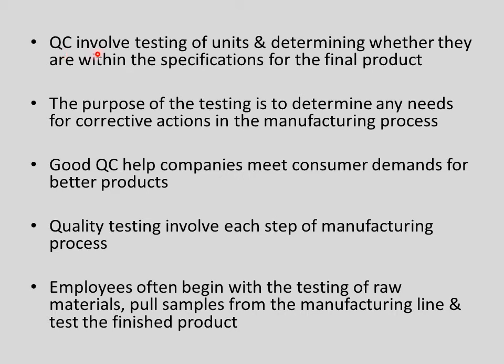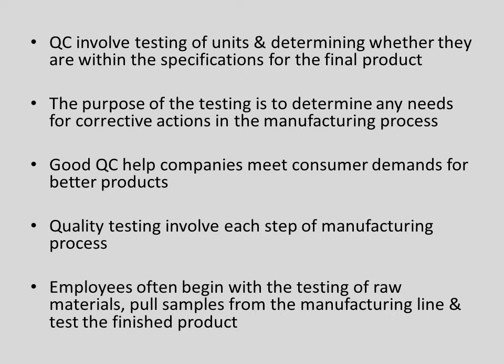Quality control involves testing of units and determining whether they are within the specifications for the final product. So quality control actually involves testing of all the units which make up the whole industry.